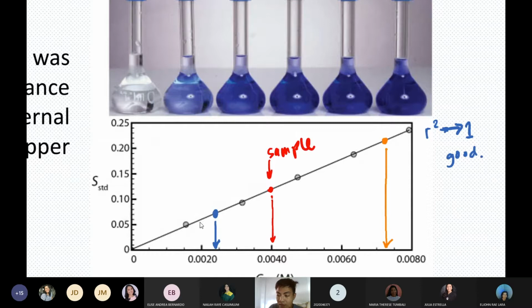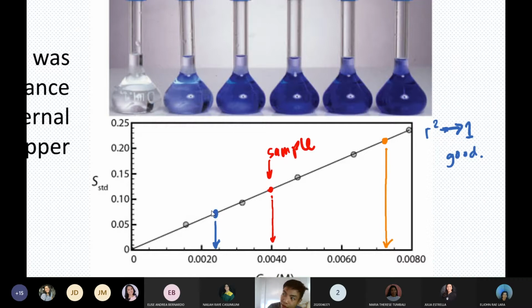Okay, so yun yung gusto natin. Gusto natin linear yung response ng instrument sa concentration mo. Okay? Then, ano susunod na gagawin? After you do your calibration, i-analyze mo na yung sample mo. Okay? So, kukunin mo yung sample mo, you will analyze it using the same instrument, and then, kunwari, ito na yung result.